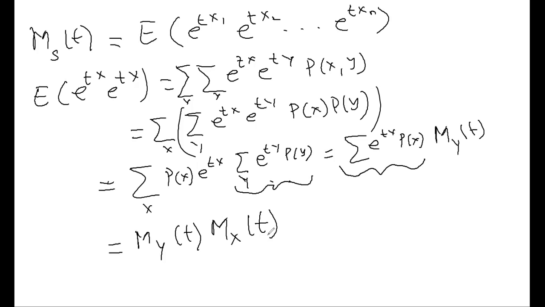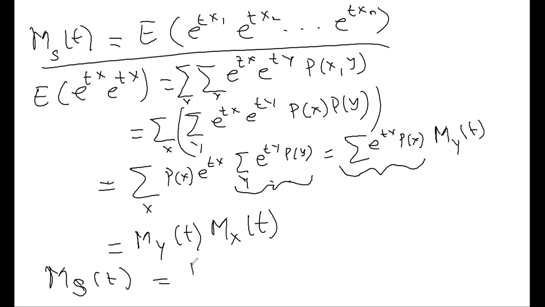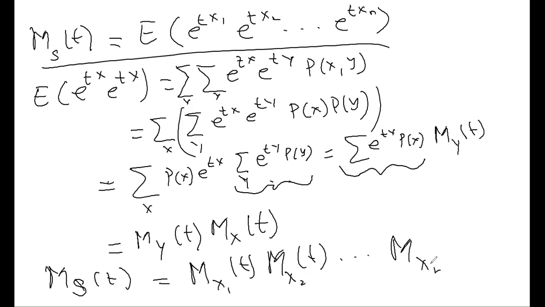So this shows that M_S of t is equal to M_X1 of t times M_X2 of t times M_Xn of t. That means the moment generating function of the sum is the product of the moment generating functions.